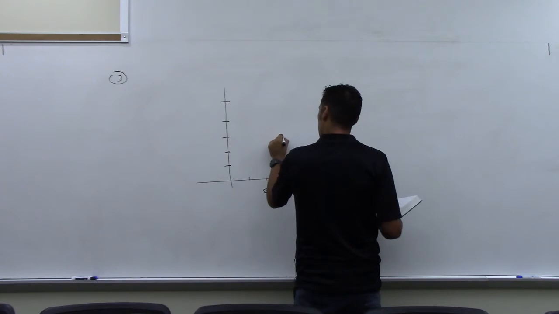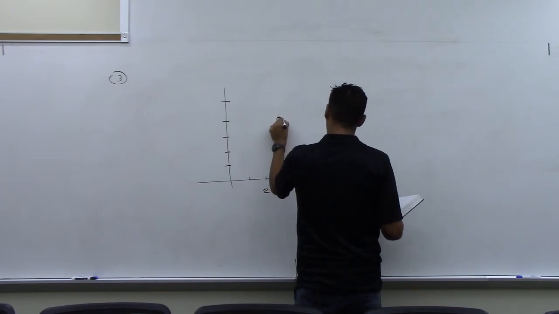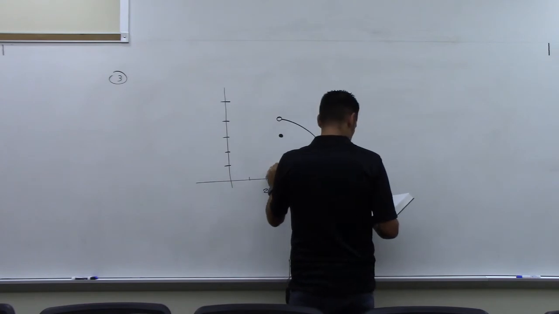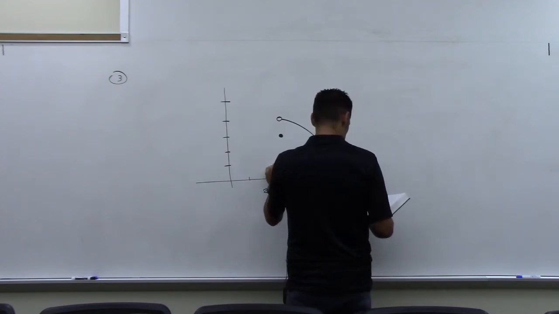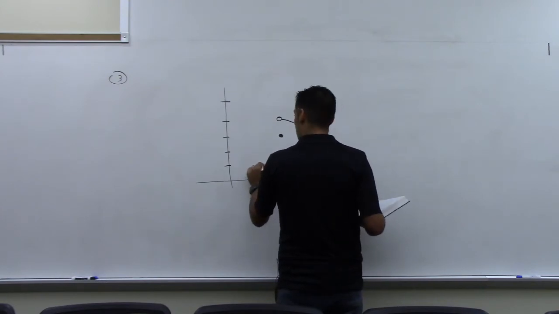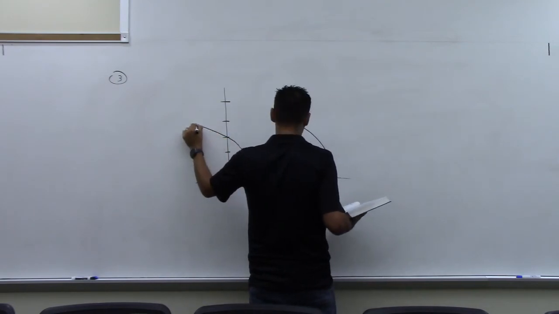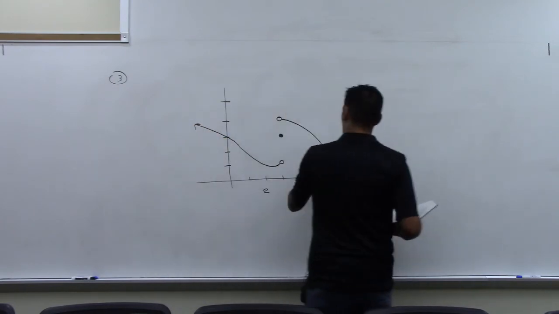Dot. Circle. I'm just looking because I want to make sure I'm as accurate as possible, but some information that looks like that's not important. So here's the graph.